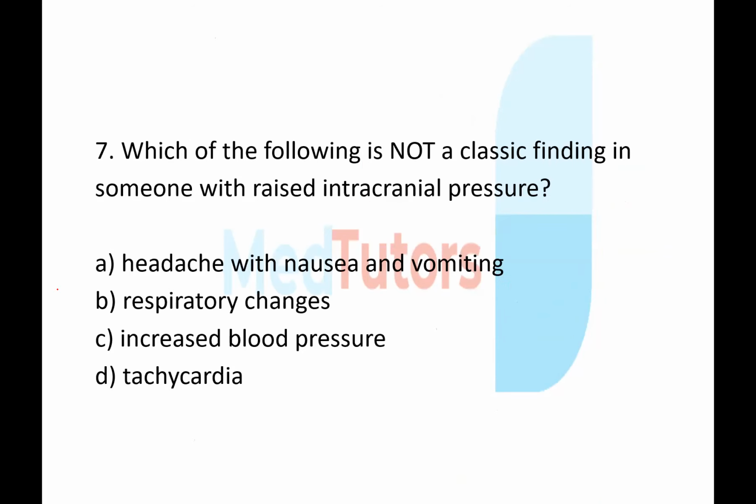Which of the following is not a classic finding of someone with raised intracranial pressure? Now, what you need to know, if a patient has raised intracranial pressure, when it keeps on increasing beyond that space, because the space is not expanding, it will start coning through the foramen magnum.